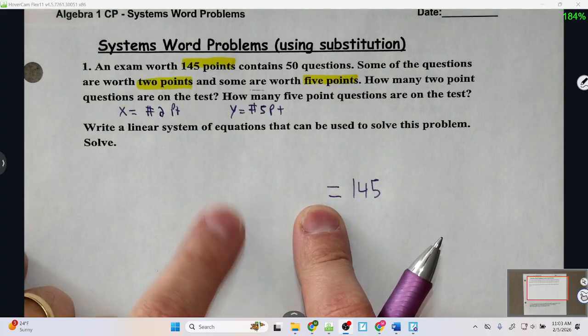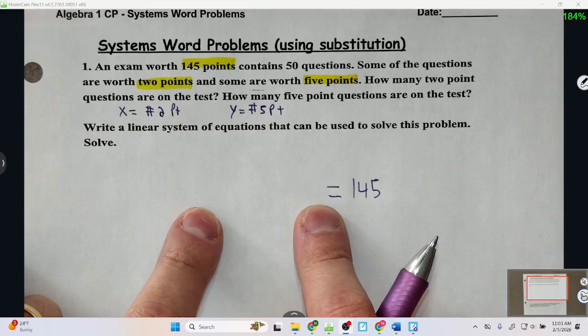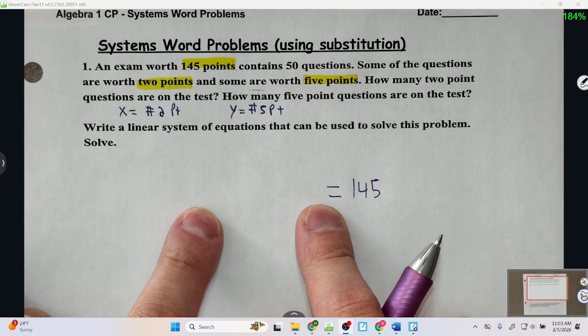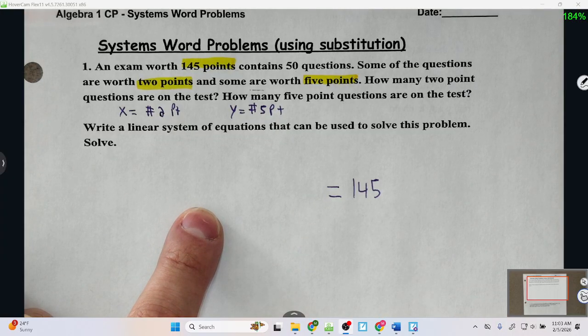Now, if I took some 2-point questions, how many points is each 2-point question? Don't overthink it, people. Yes, nice, 2 points per 2-point question. And how many points per 5-point question? Nice, 5 points.